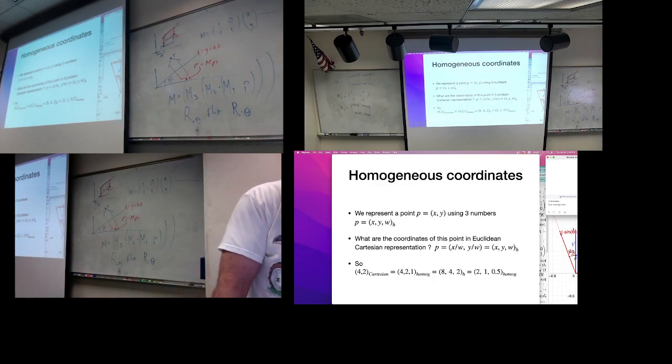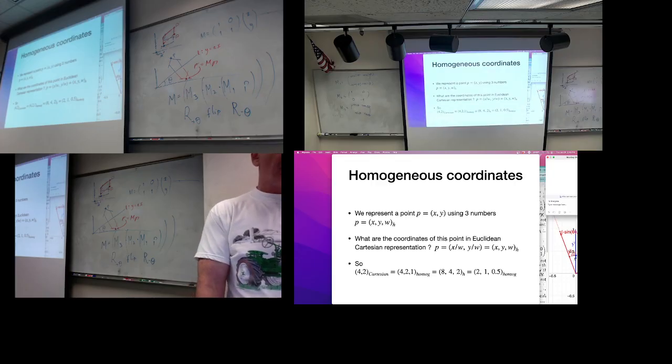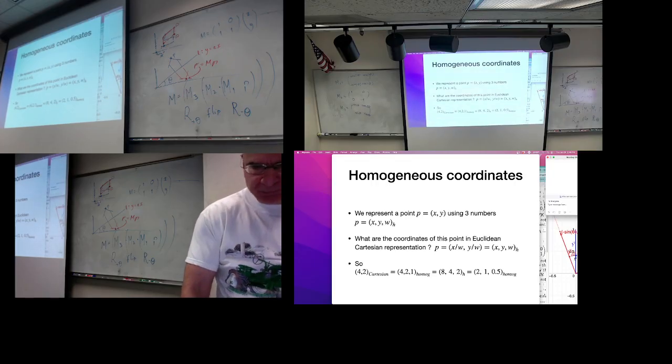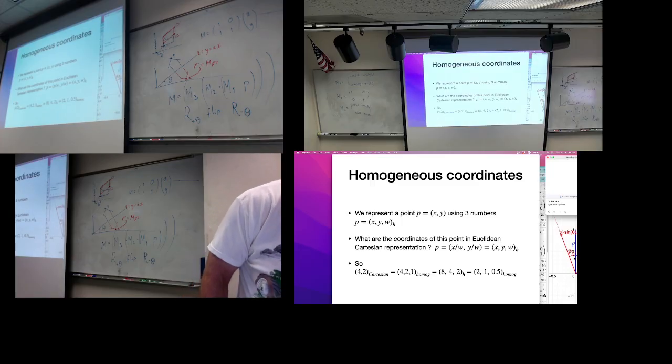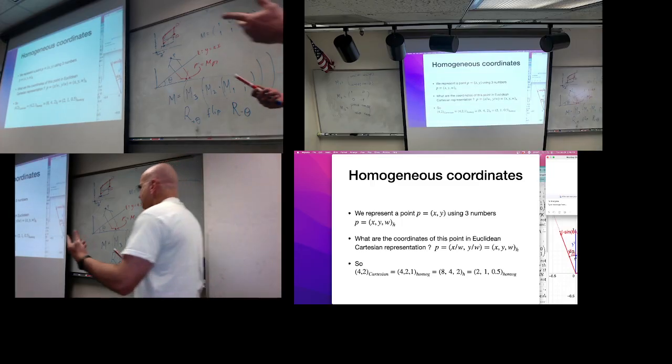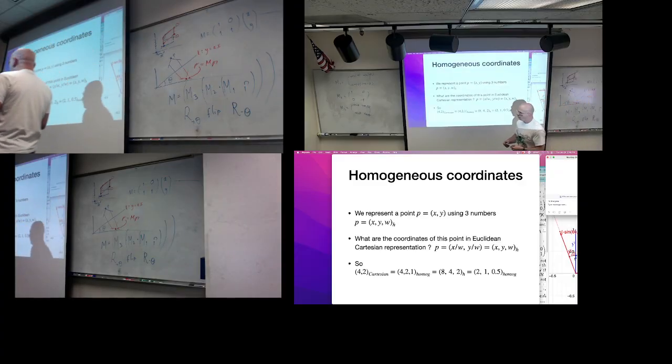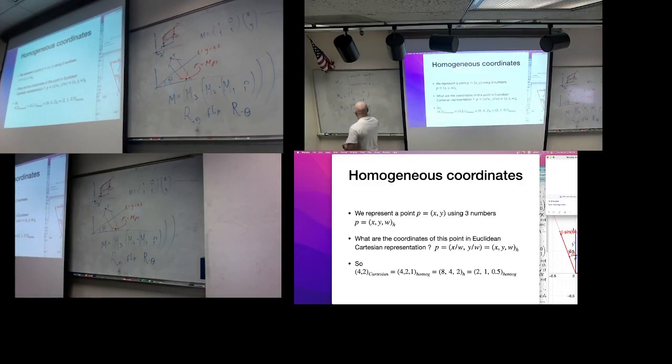Okay. So what's wrong with Cartesian coordinates? x, y, and z, nothing wrong with it. But multiplication by all the matrices that we have seen so far has a very distinct feature.